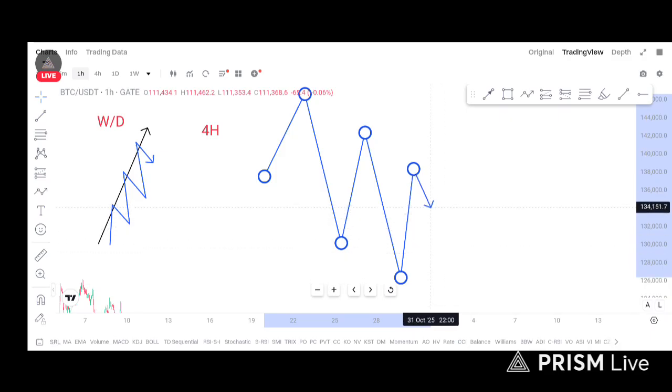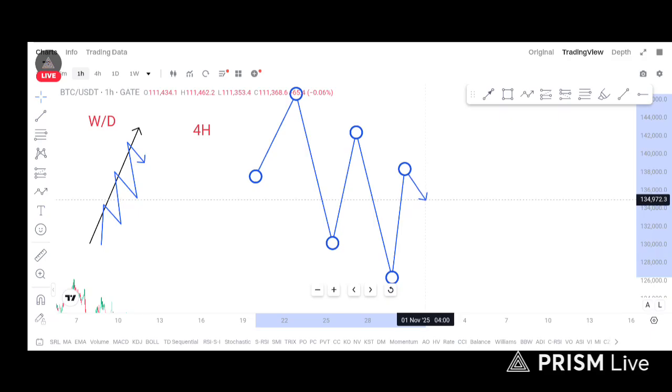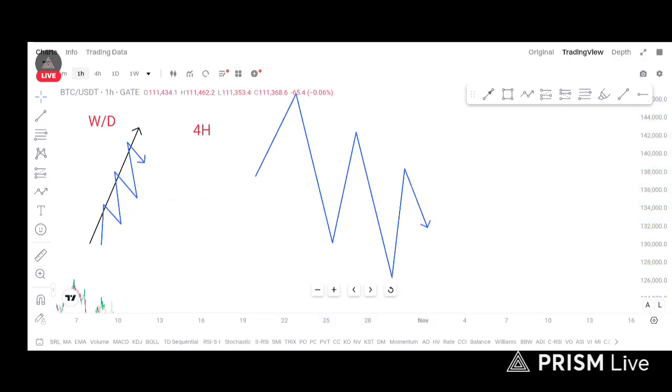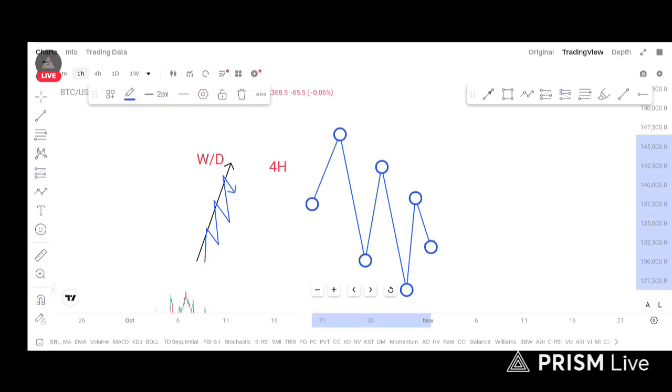Now for you to get more details about this continuation the market is doing, that's where the 4-hour comes in. The 4-hour is an intermediate time frame between the daily time frame and the other time frames we are going to talk about.